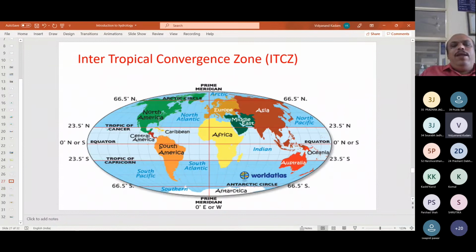It is almost parallel to the equator and it encircles the earth. And how is this low pressure belt developed? It is due to the flow of trade winds from the northern hemisphere and southern hemisphere towards the equator.